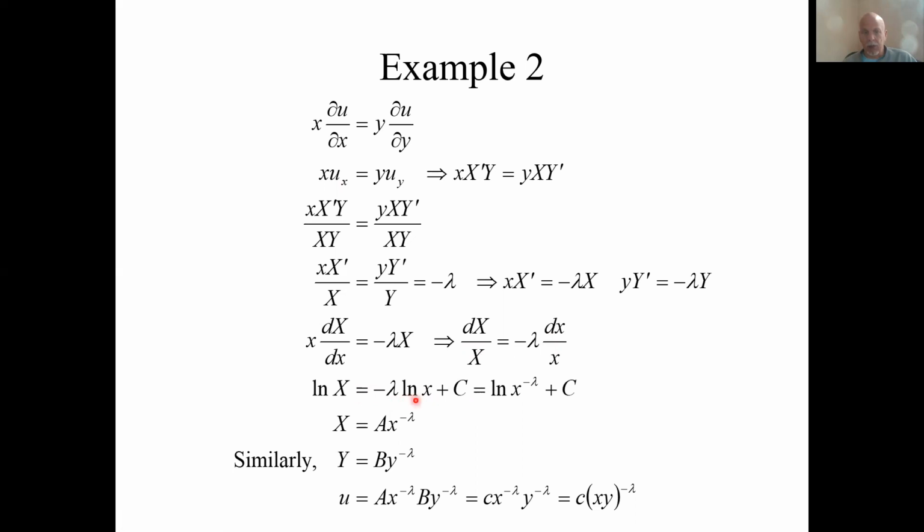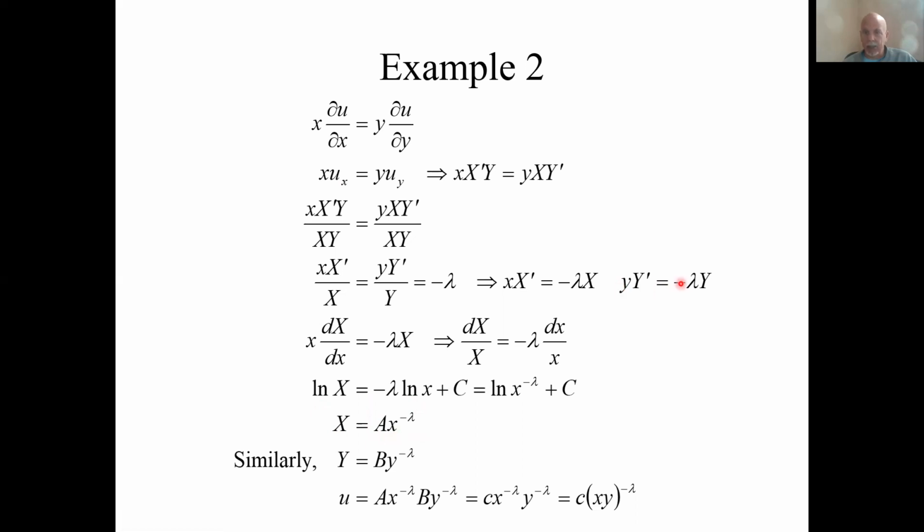By algebra, the log of minus lambda log x is the same as log x to the minus lambda. Then I can raise e to both sides and get what big X is. So it's this, some constant times x to the minus lambda.